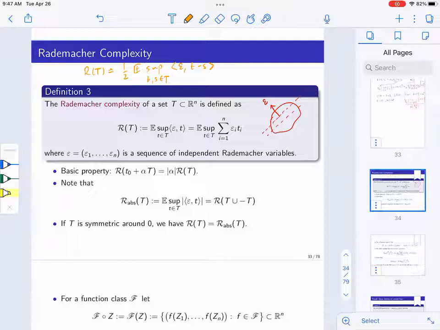You're measuring the difference between the smallest and the largest value it can get, so you're measuring the width of the set in that direction. Think a little bit about this. It's half this width, and the expectation just varies the vector randomly, so it's a random direction in R^n, and you measure the width in different directions.